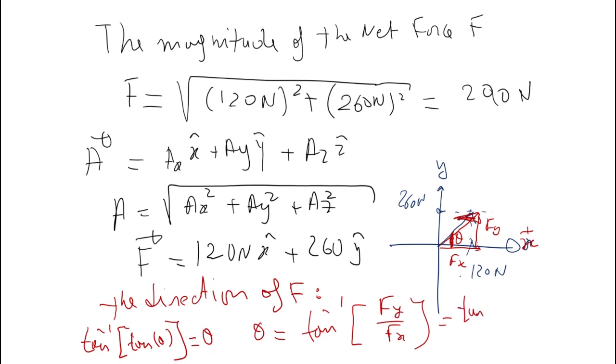Here it will be the tangent inverse, or we call it arctangent, of 260 over 120, and this is 65 degrees. This is the angle that the force F makes with the x-axis.